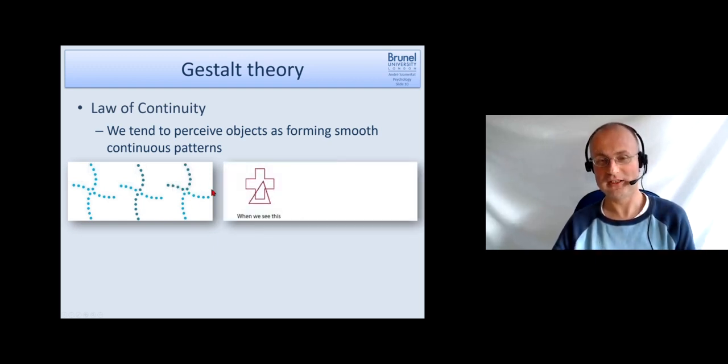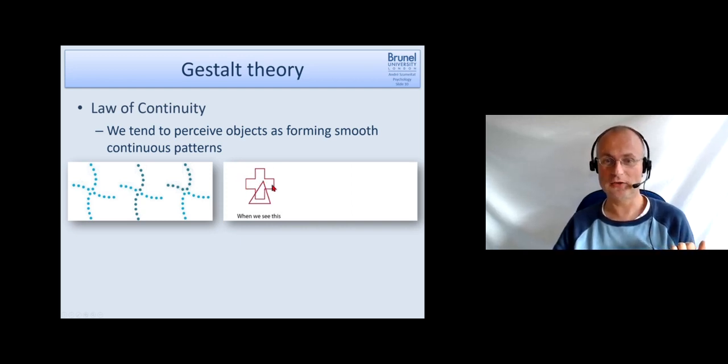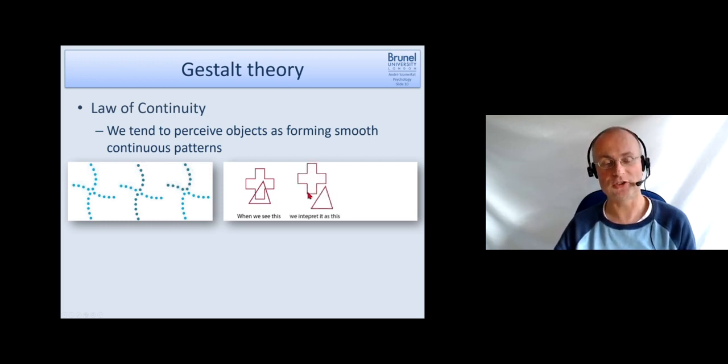Another example is when we see these two things, we usually see a cross and an overlaid triangle. So this is our typical interpretation. Again, when you think in computer vision, you could also see it as three objects which are shaped like this.